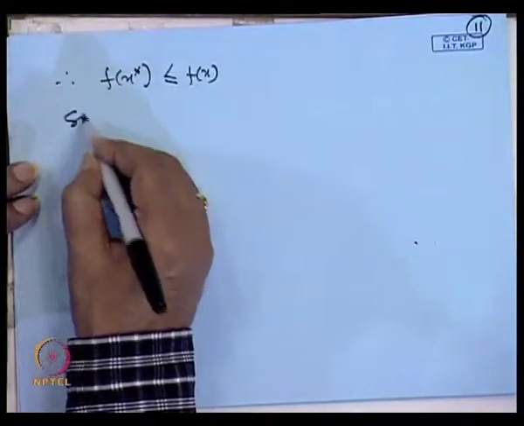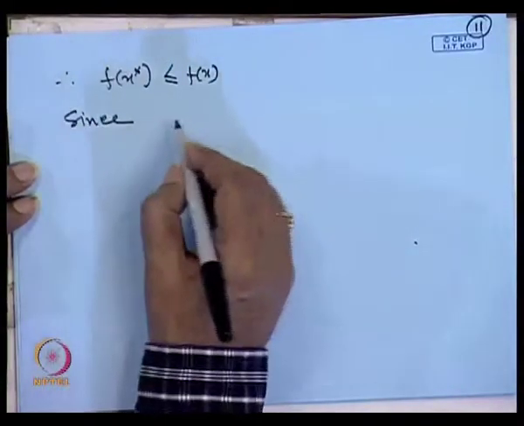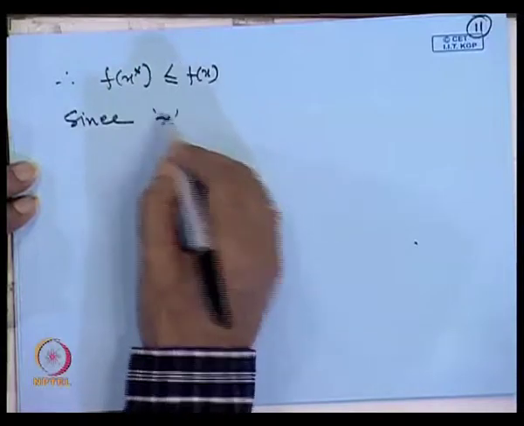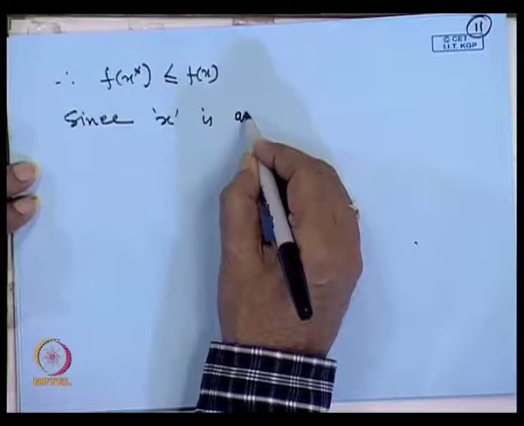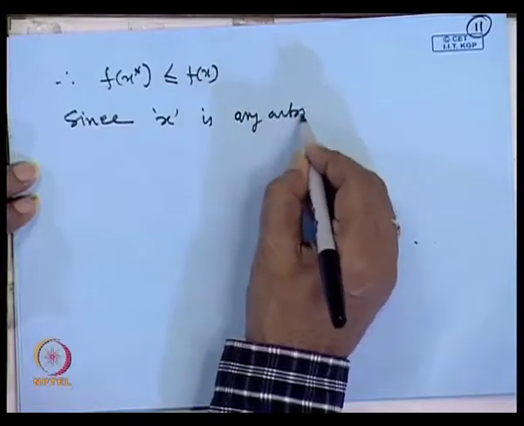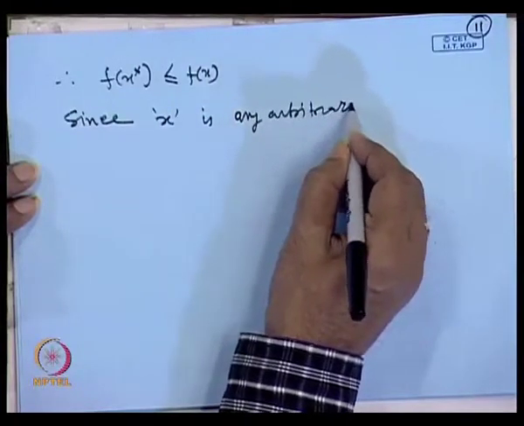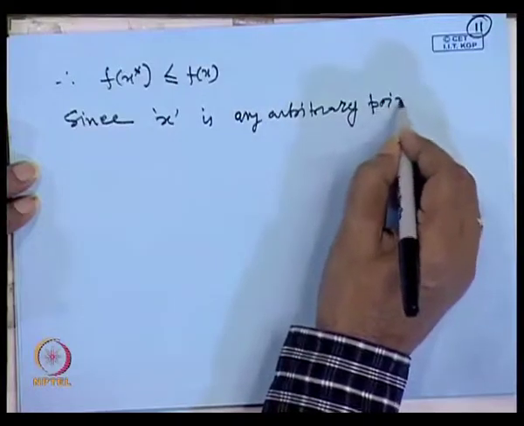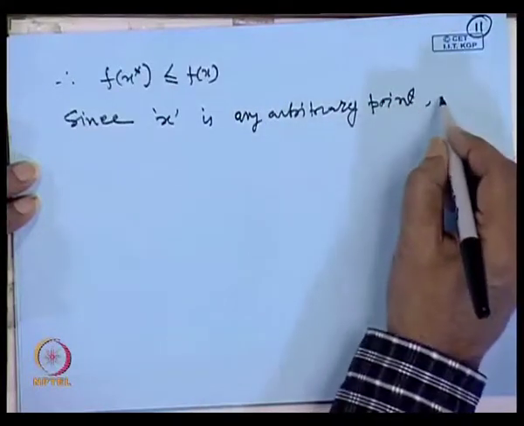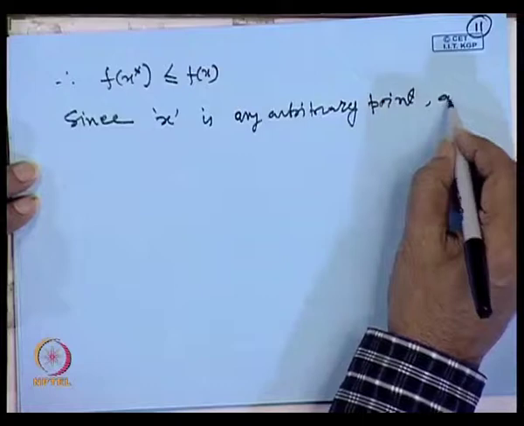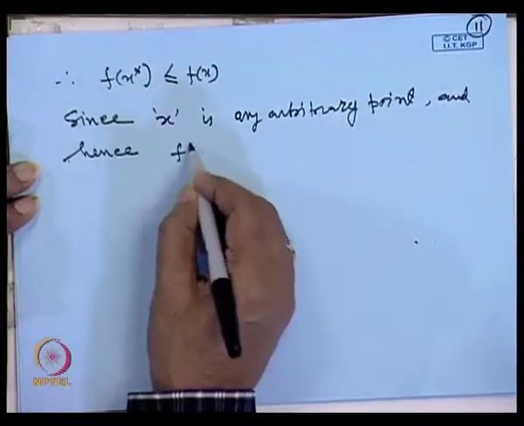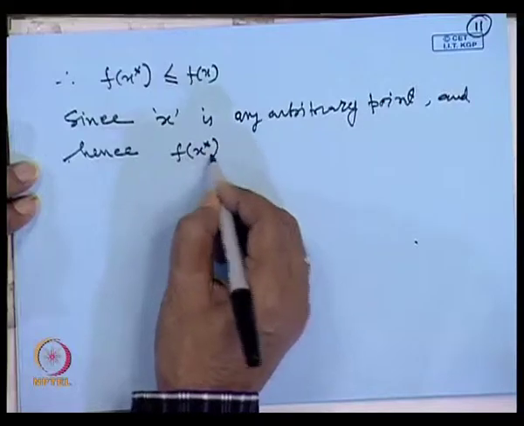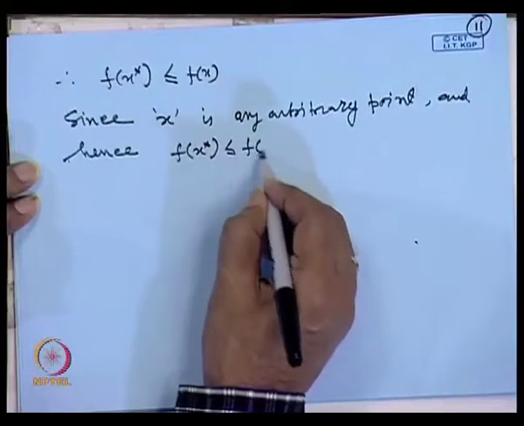Since x is any arbitrary point, hence f of x star is less than or equal to f of x.